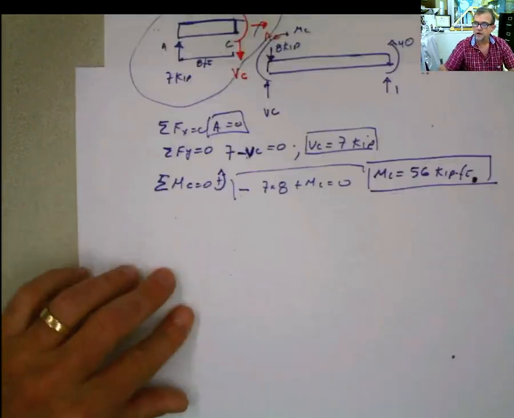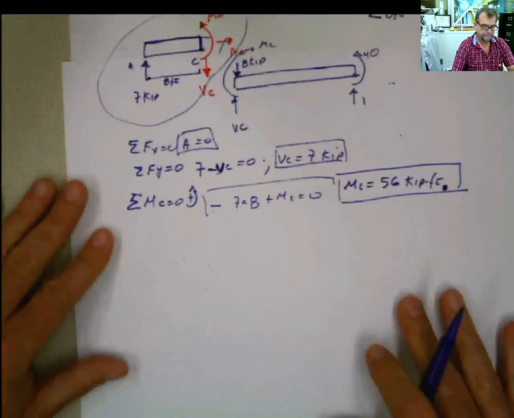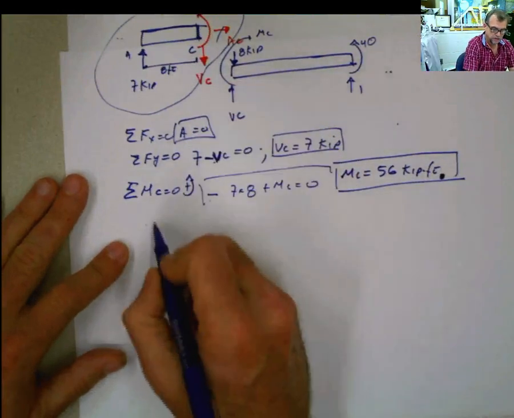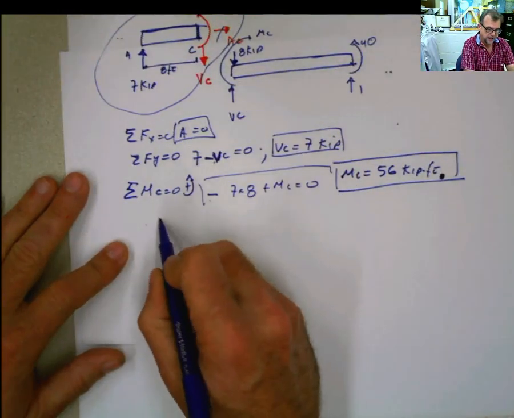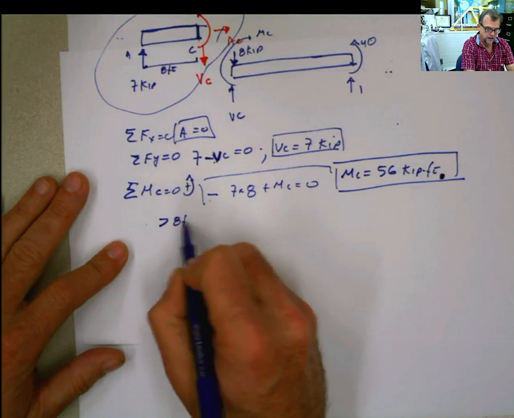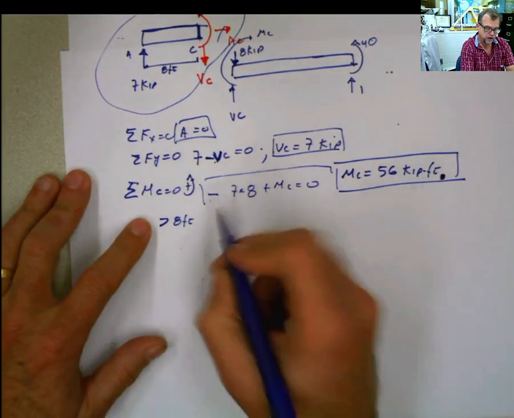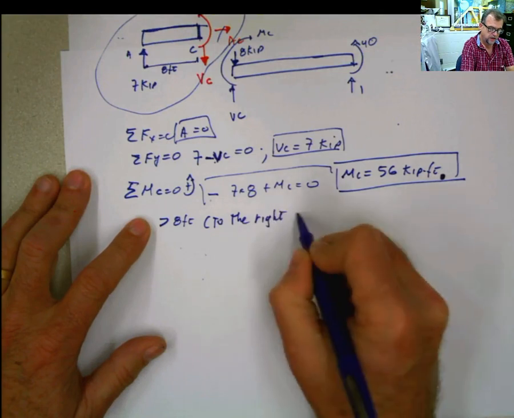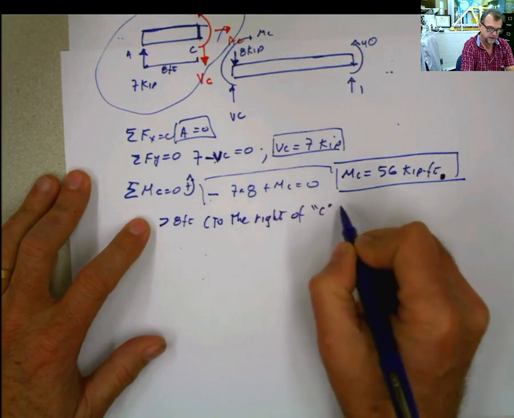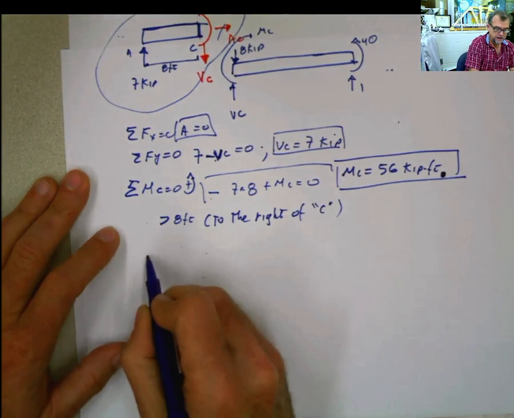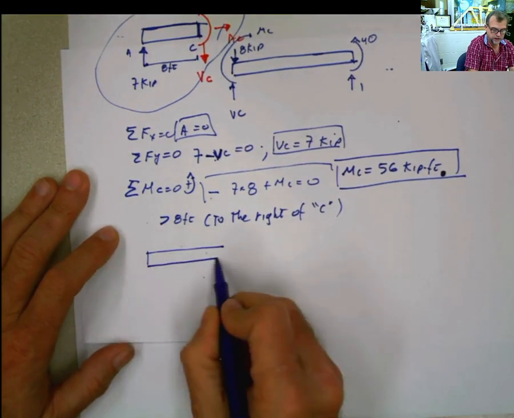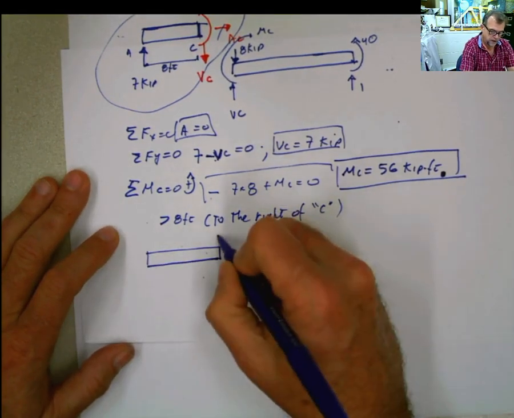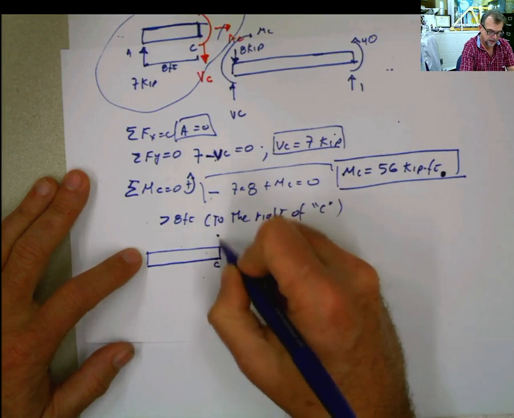Now this is the first part. Now let's keep going with the same problem. But now I'm going to make the section a little bit bigger than 8 feet, so to the right of the point C. That means that the point C is here and the force is there.